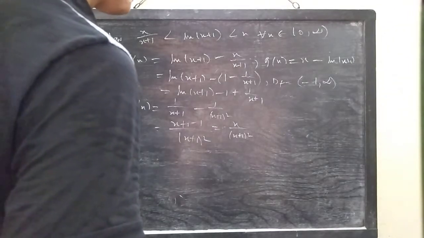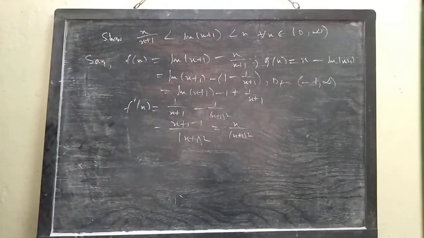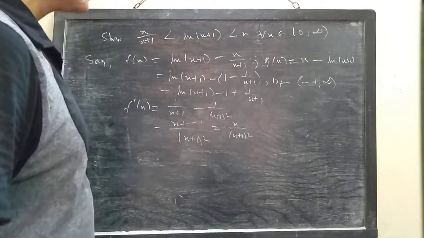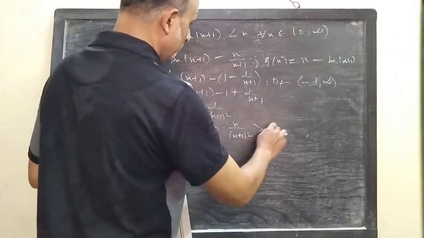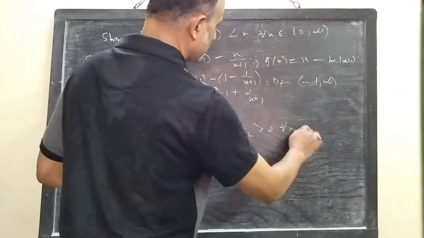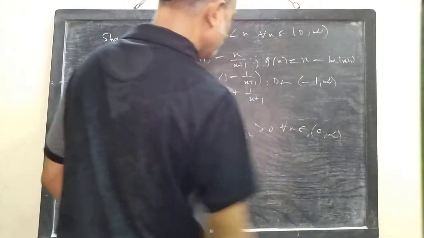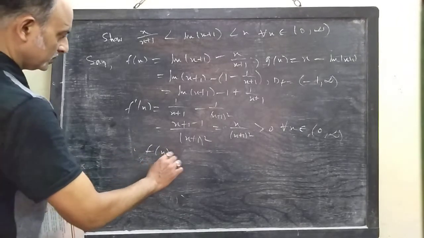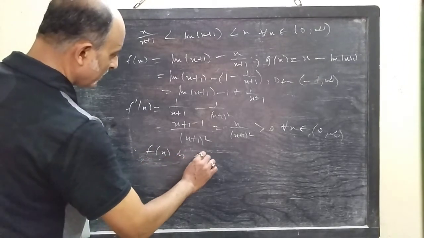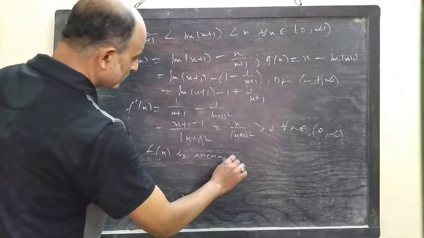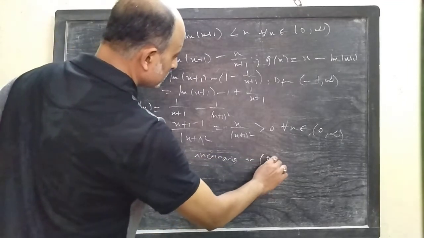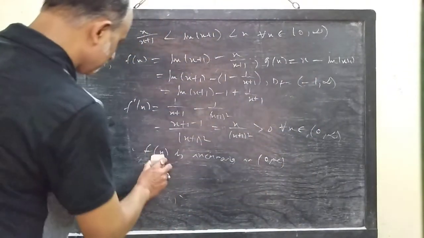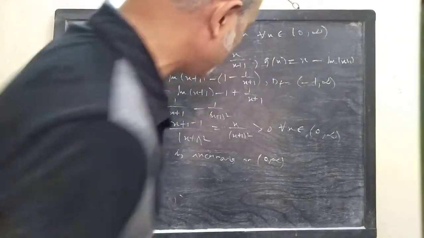Now see, in the interval 0 to infinity you can say this is greater than 0 for all x belongs to open 0 to infinity. Therefore, f(x) is increasing in 0 to infinity.